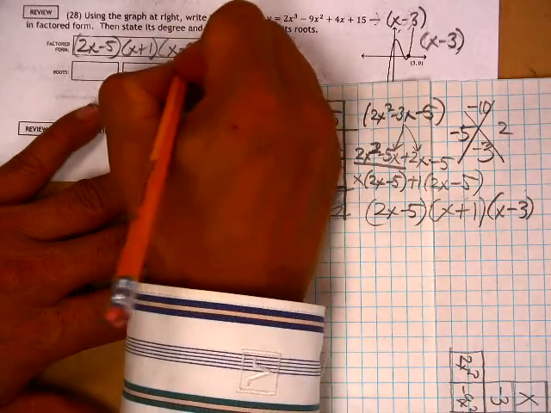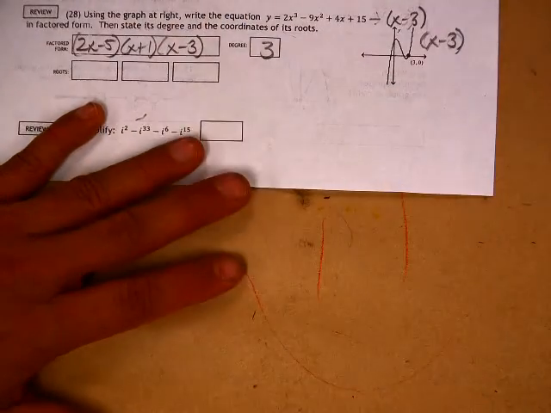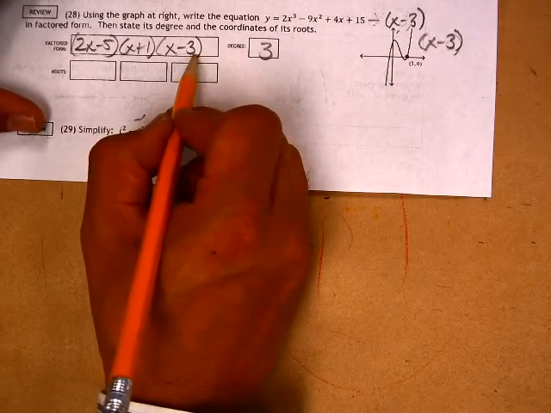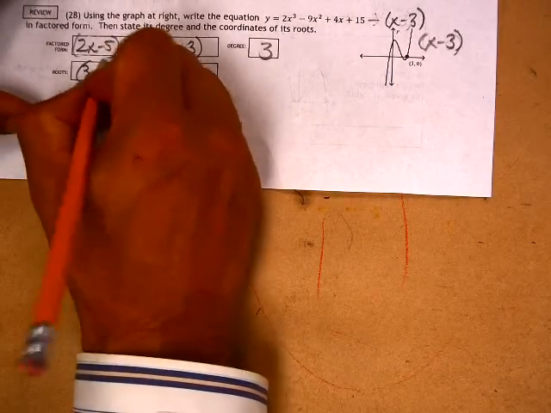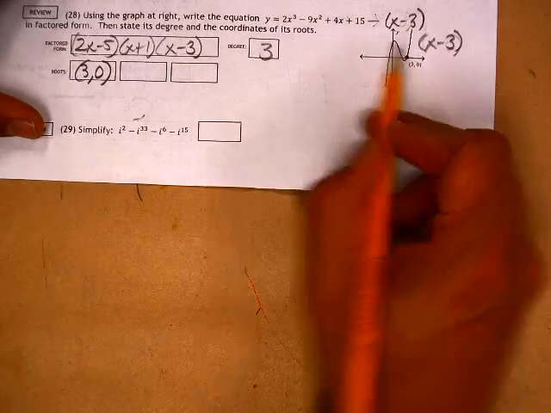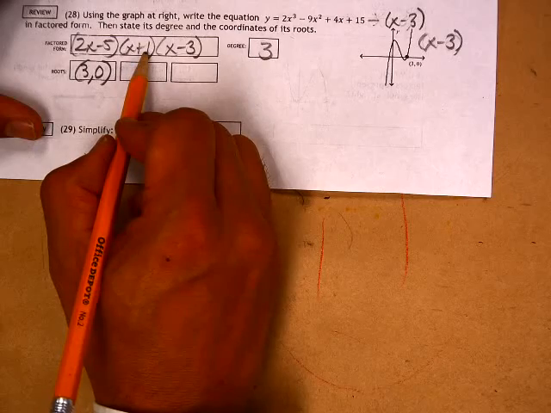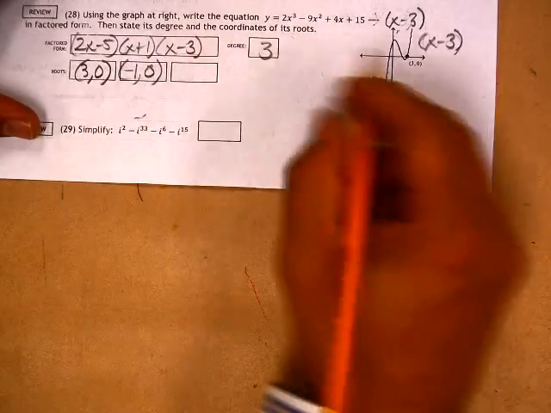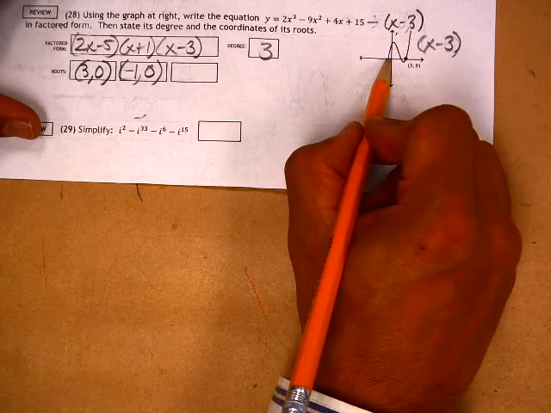times x minus 3. So the x minus 3, we set this equal to 0. That gives us the root of 3 comma 0, which is the one that we already had. The x plus 1, we set that equal to 0. That gives us a minus 1, which would be this root right here.